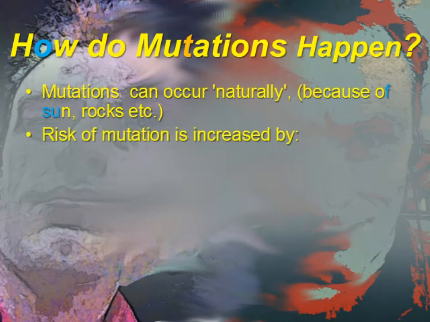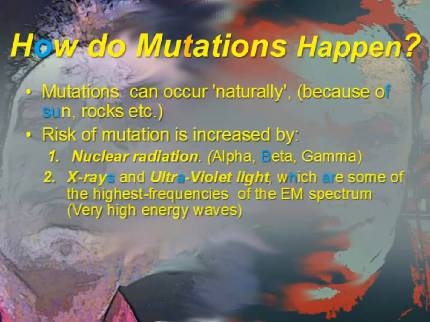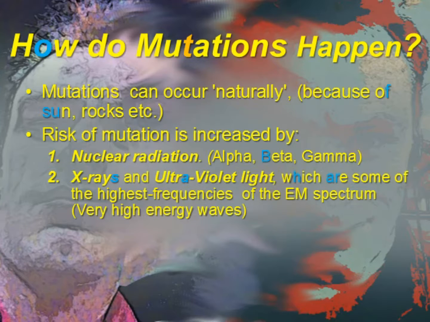So the risk of mutation is increased by different types of nuclear radiation, alpha, beta or gamma, and these increase the risk in different ways. It can also be increased by having X-rays or ultraviolet light, not just sunlight. But these are the highest frequencies of the electromagnetic spectrum, so they are high energy waves. That means they can damage our cells.